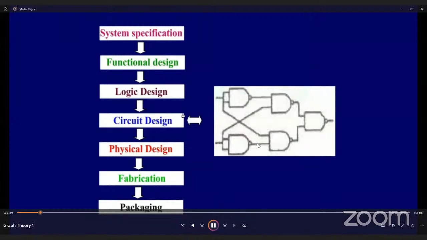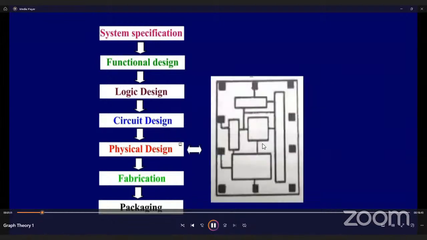And then you go to the physical design. You can do it on paper, but you can also do it physically. The real physical design is like the gate, the transistor and all the electronic gates, which you put physically here.